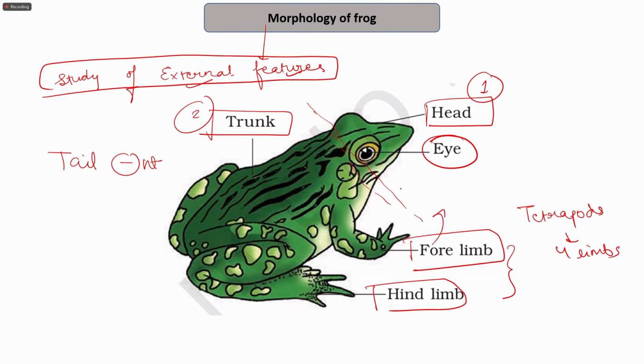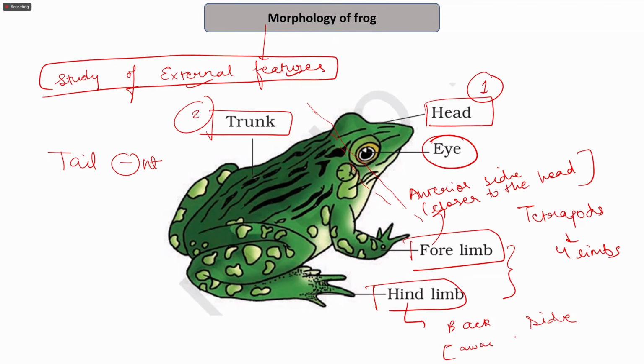Forelimbs are the ones present on the anterior side, closer to the head. Hind limbs are the limbs present on the back side, away from the head. So this is the general morphology of the frog: the body is divided into head and trunk, and the tail is absent.